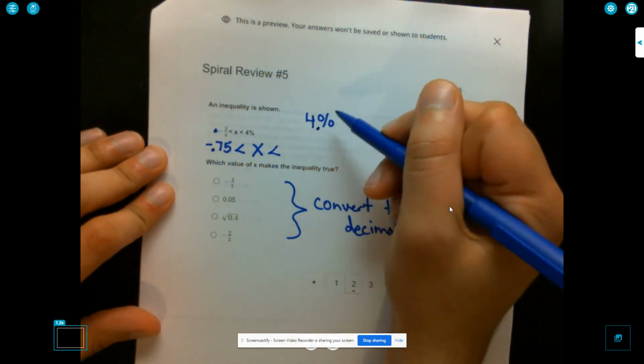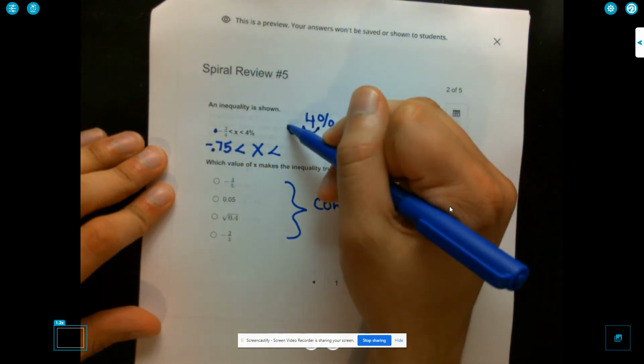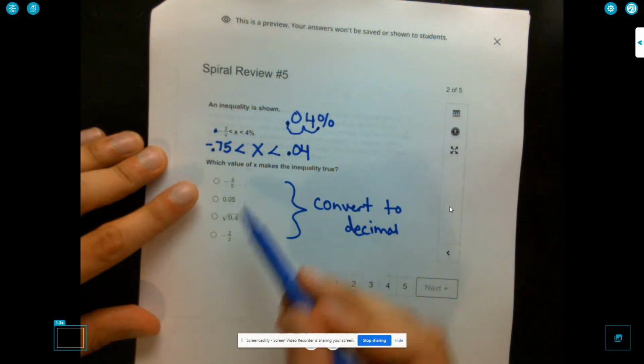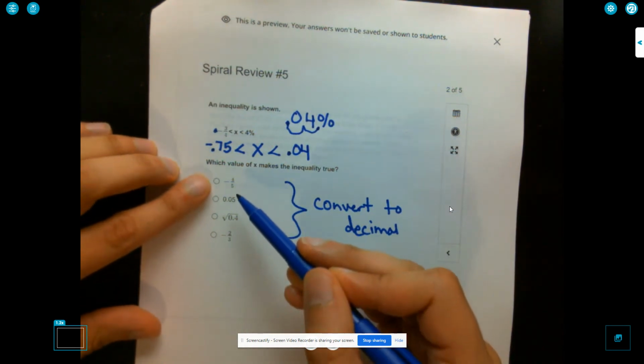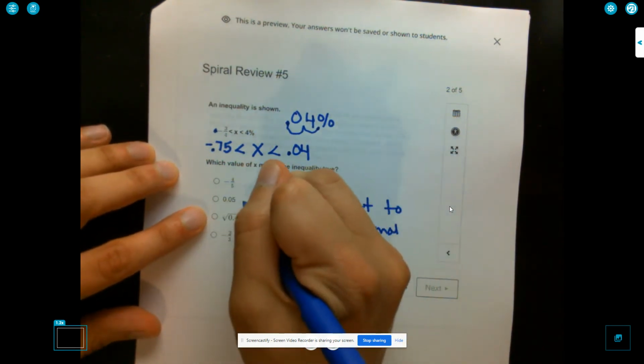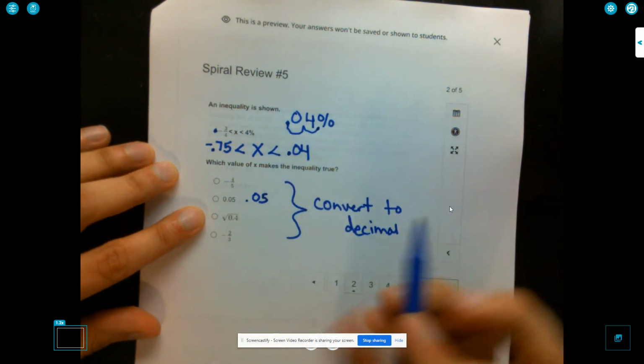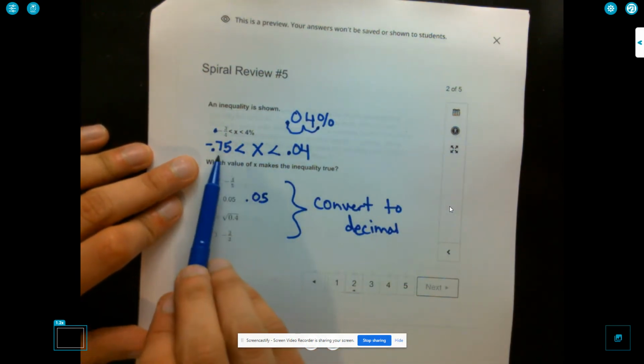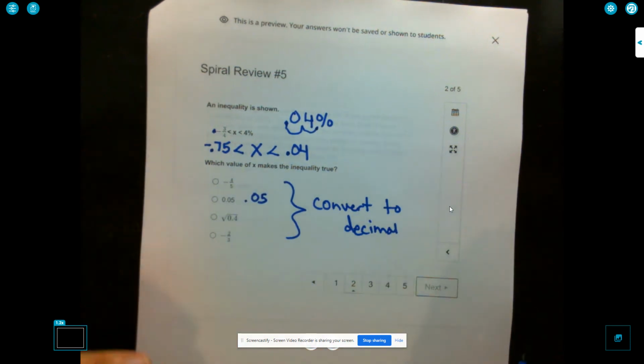The same as saying 4.0, move 2 decimals over to the left, and get 0.04. And then you'll convert these. It's a matter of just typing it in on the calculator. This one's already converted to decimal. So you want a number that is greater than -0.75, but less than 0.04.